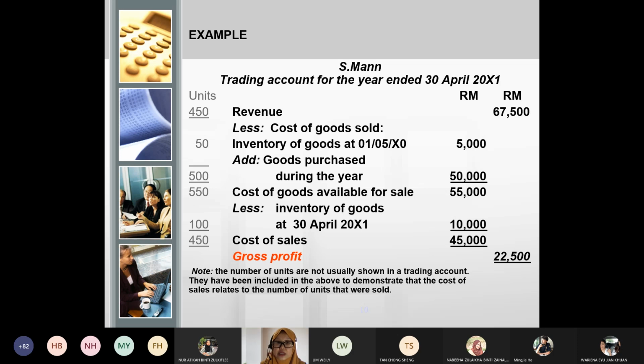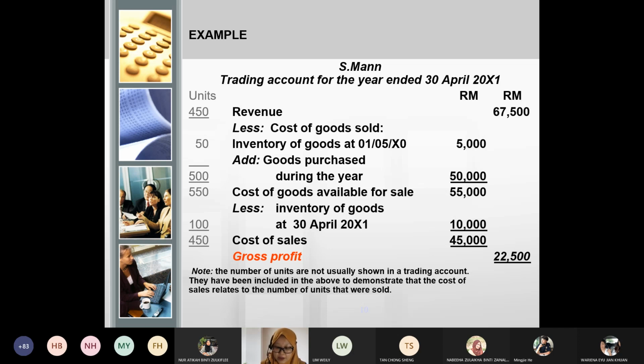And then the goods purchased during the year, 500 units multiply the cost of 100 ringgit, so we get 50,000. So 50,000 plus 5,000, cost of goods available for sale is 55,000. The total units is 50 plus 500, which is 550 units, and 55,000 is the cost amount.